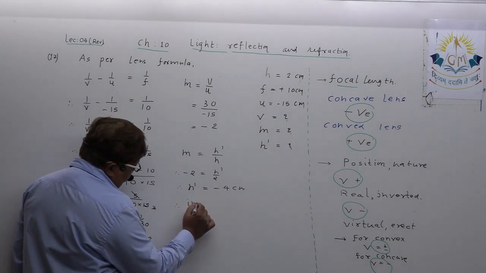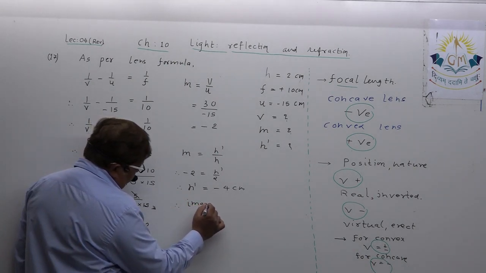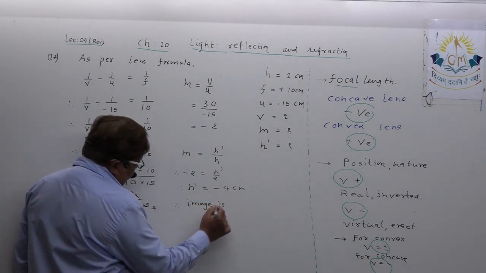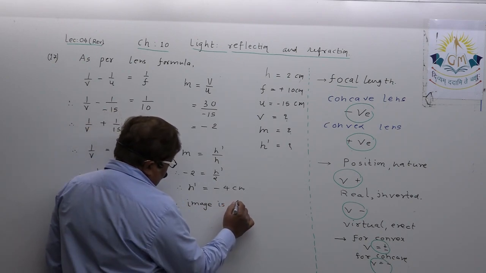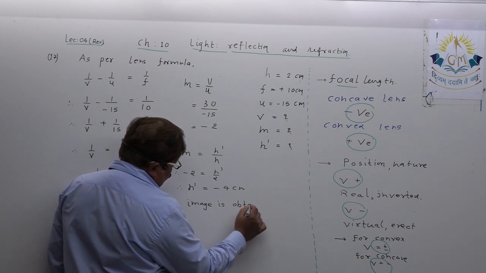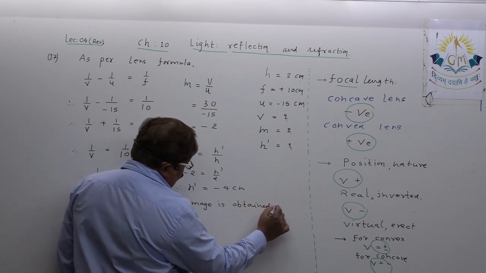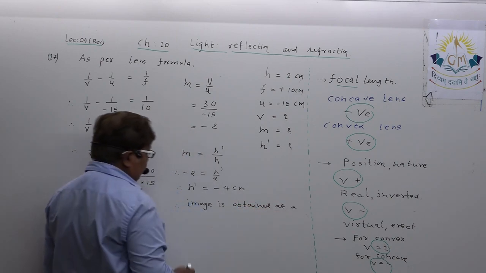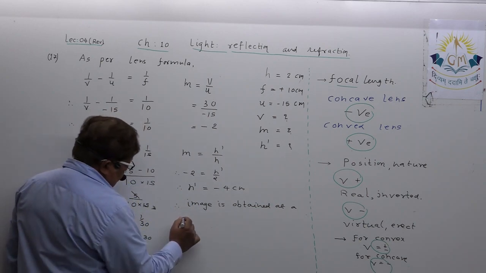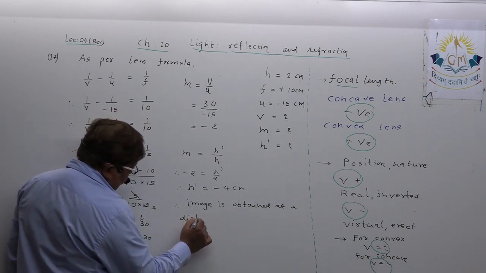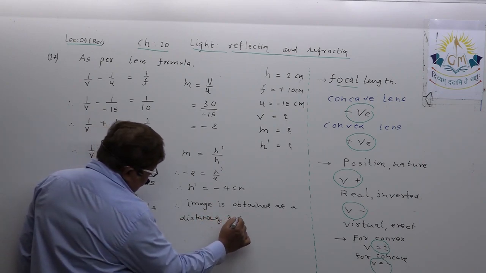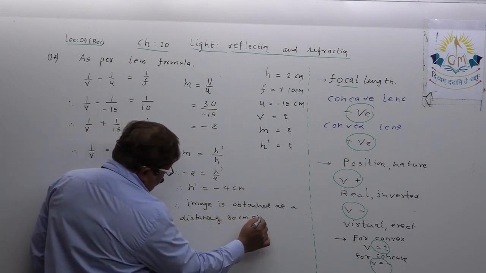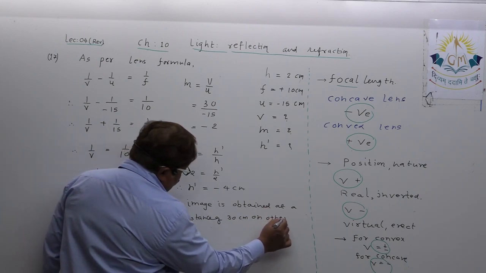Finally, in your answer, it is like this. Image is obtained at a distance of 30 centimeter on other side.